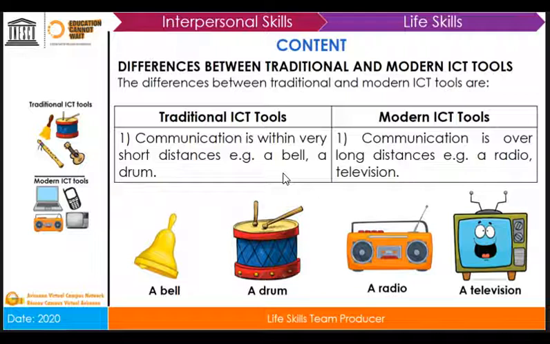Differences between traditional and modern ICT tools. The differences between the traditional and modern ICT tools include: 1. With traditional ICT tools, communication is within short distances.